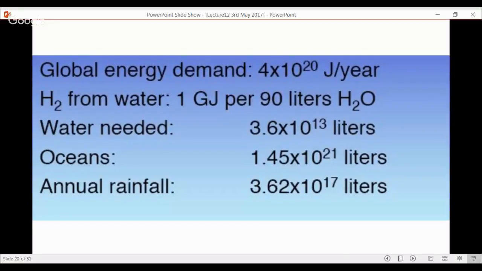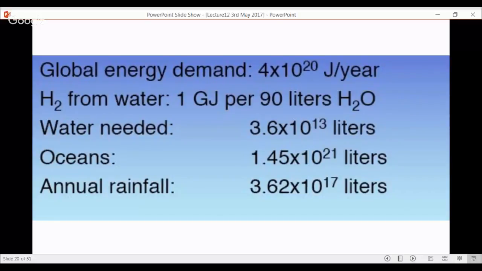One gigajoule can be obtained from 90 liters of water. These numbers may not mean anything to you, but the water needed for producing 4 times 10 to the 20 joules is 10 to the 13 liters.